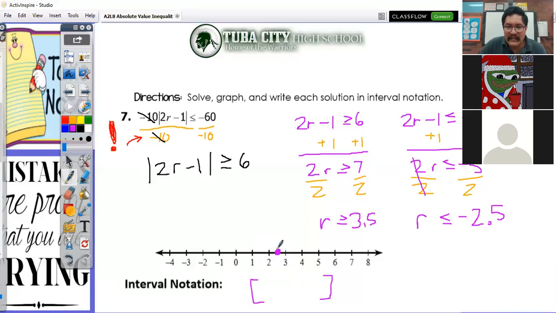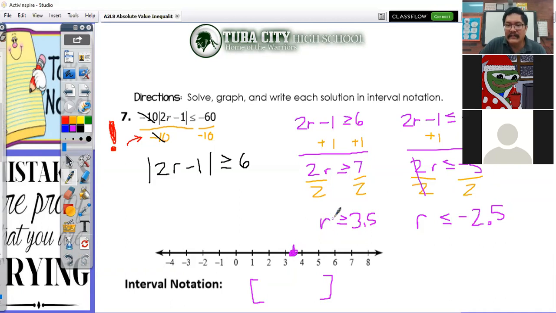And r is less than that, so it means we're going to go this way. And here I have r is, oh, not negative. Sorry, I was looking at this one and that one. They kind of look the same. So sorry, I meant to put 3.5 here, but then I noticed that I put 2.5 because I was looking at that one also. So numbers kind of look the same. I just mixed them up here.